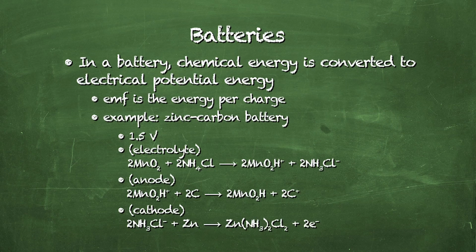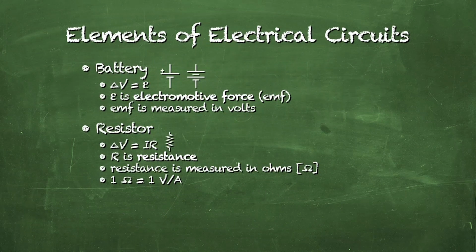The second element out of which we're going to build electrical circuits is the resistor. And a resistor is symbolized by this symbol, a zigzag line. The important equation for us is that the change in electrical potential across a resistor is equal to the electrical current through the resistor times the resistance, capital R, of the resistor.